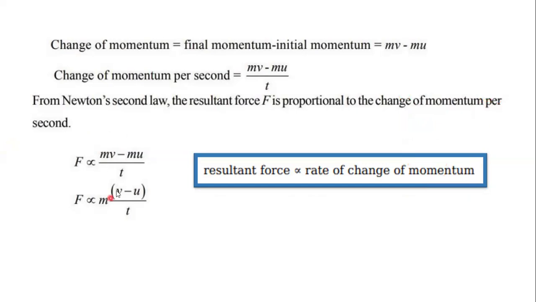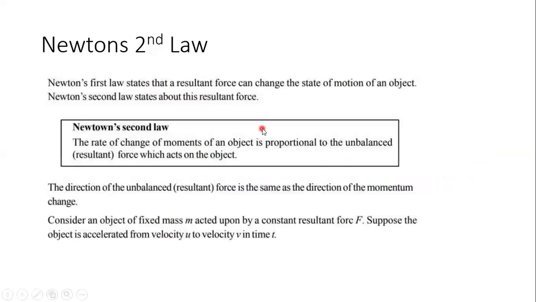So I can take out the m, v minus u divided by t. This is the rate of change of velocity, which is equal to the acceleration. So I can simply say F is equal to ma. Now in the second term, this is the equation.